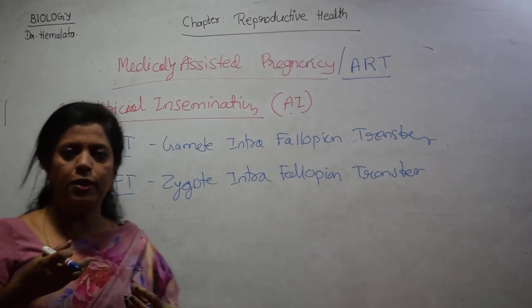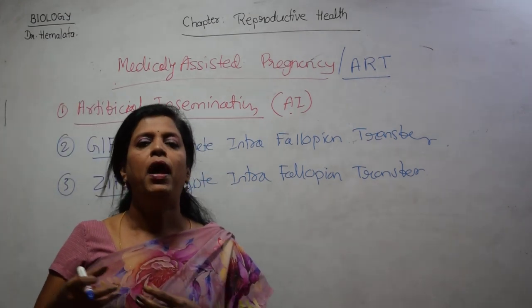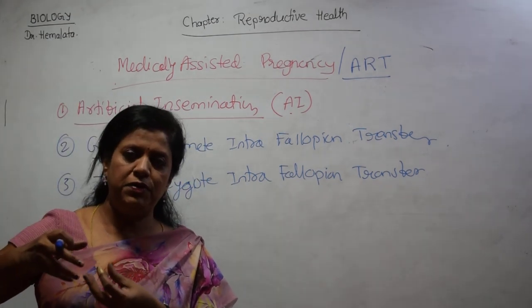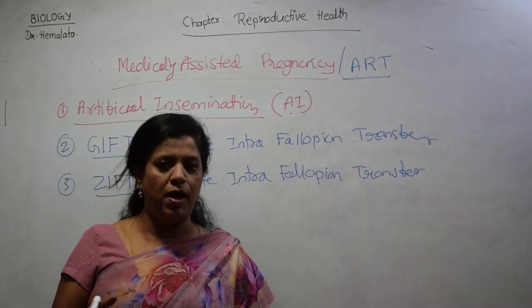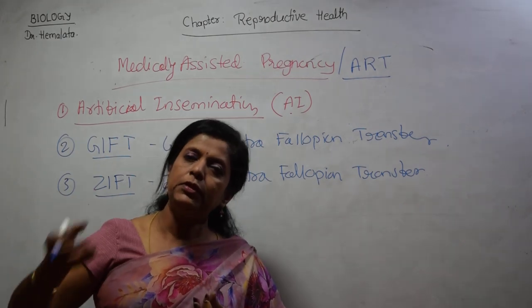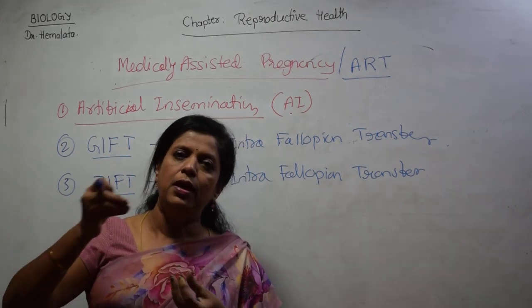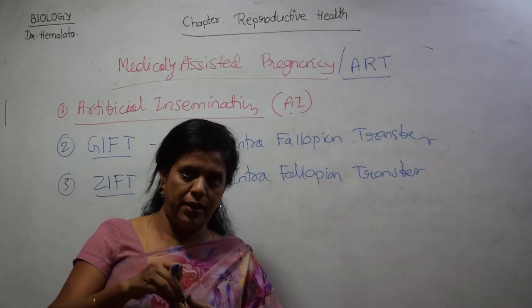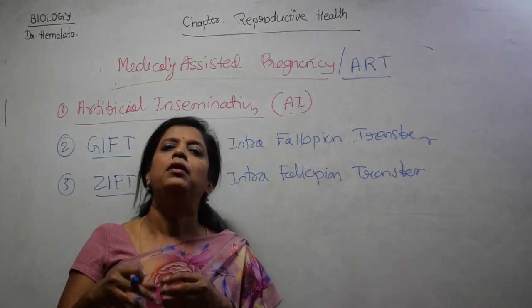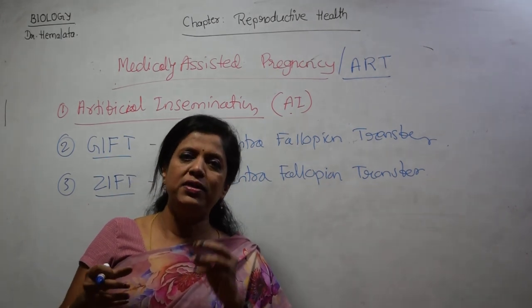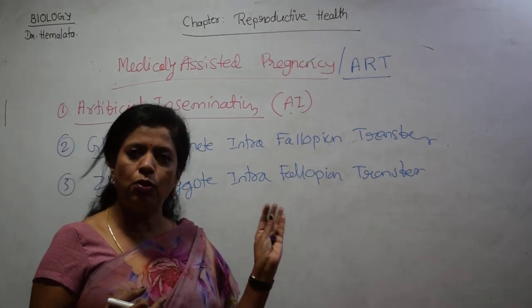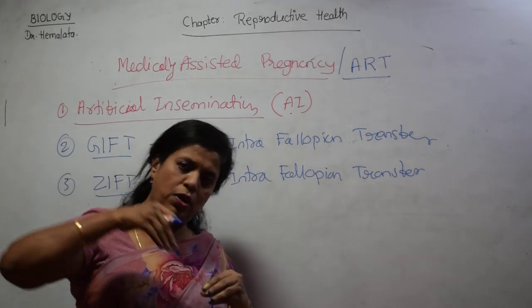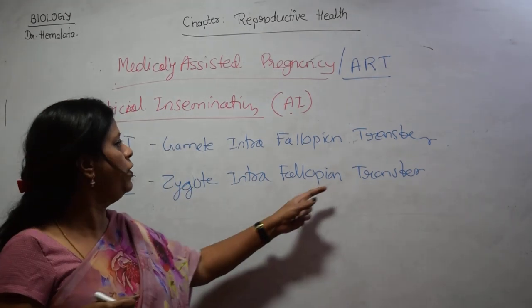The eggs are collected from the mother or the female and they are transferred to the artificial culturing media, which is in a controlled lab environment, and then sperm from the male are collected and transferred to the eggs, so that fertilization happens in lab conditions. Once the zygote is formed, it is immediately transferred to the female genital tract, normally into the fallopian tube, because it is the intrafallopian transfer.